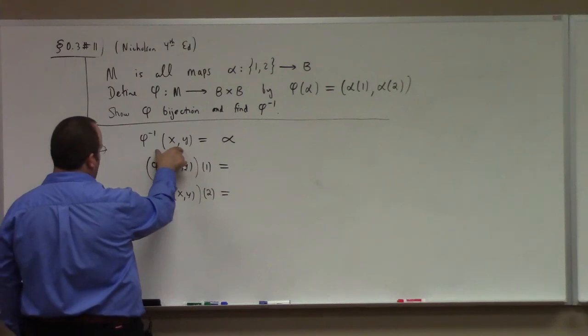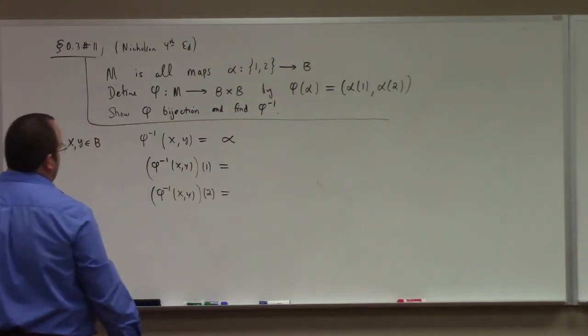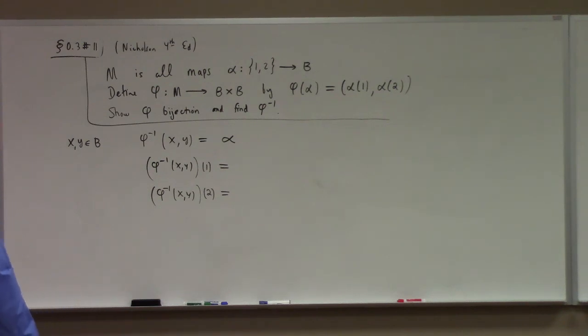If I can tell you what it does to 1 and what it does to 2, then at least I've defined this inverse, because it's supposed to be a map on the set {1, 2} that tells me where to send 1 and 2.